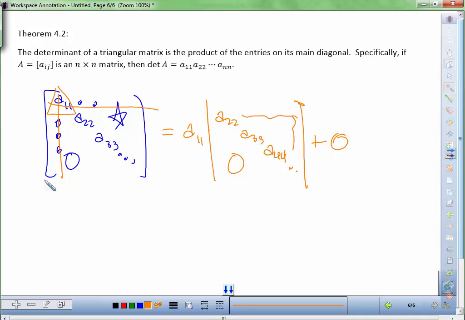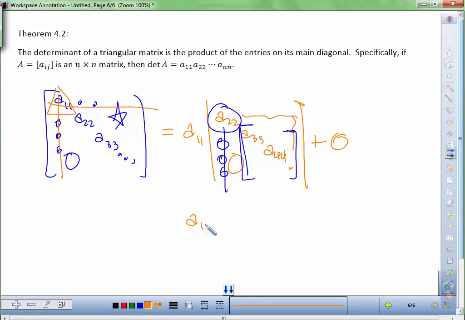So, okay, that's our first step. Next step is that we have to take the determinant of this submatrix. Well, I would probably want to expand on the column again, right? A bunch of zeros here. I want to expand on the column again, and then I want to get this submatrix.